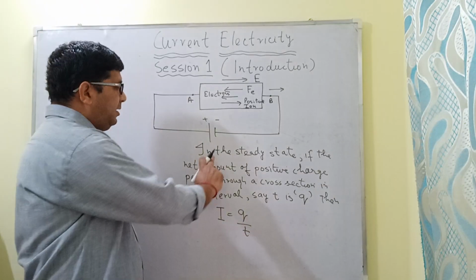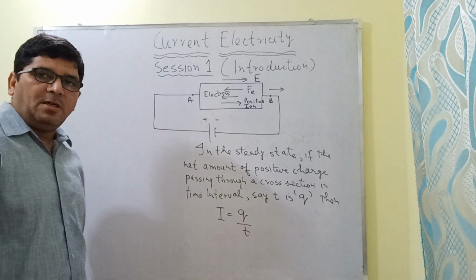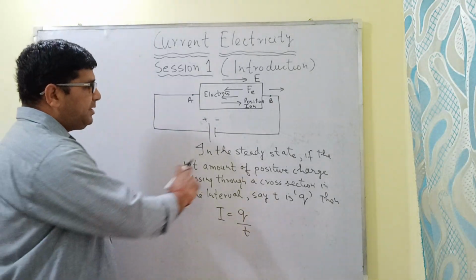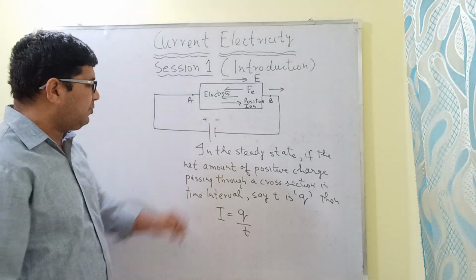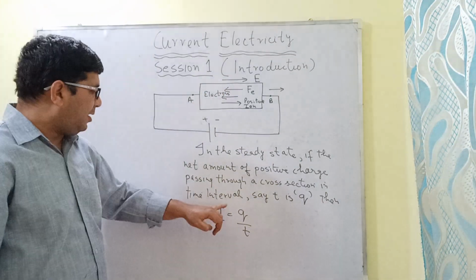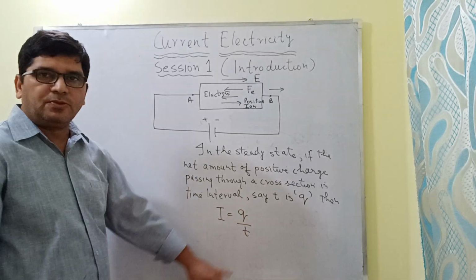That is, in the steady state, meaning when the magnitude of the electric current is constant. So in the steady state, if the net amount of the positive charge which is passing through the cross section of a conductor in a time interval say t is q, then current I is equal to q upon t.